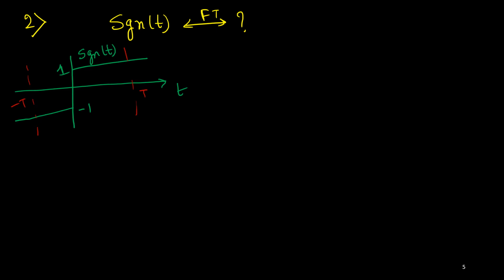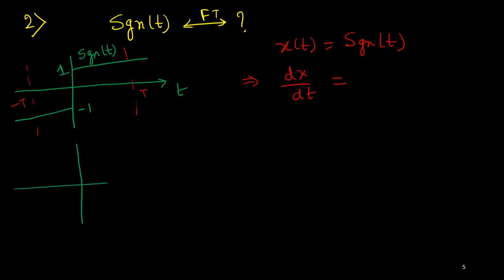So if this value is 0, we can safely use our differentiation property, and then we can find the Fourier transform of signum of t. Our signal x(t) is now signum of t. So let's see how the derivative looks. On the left side it is constant, so it will remain 0.